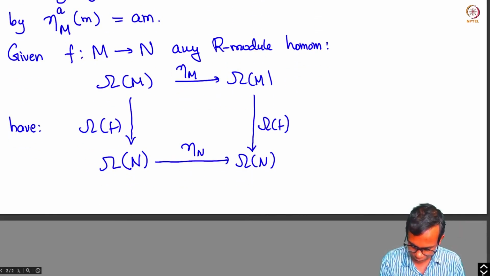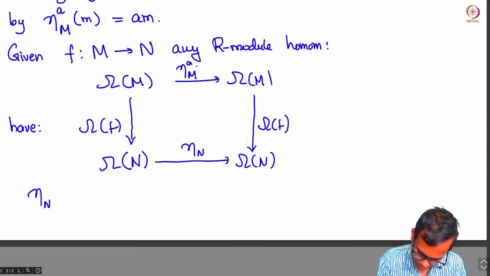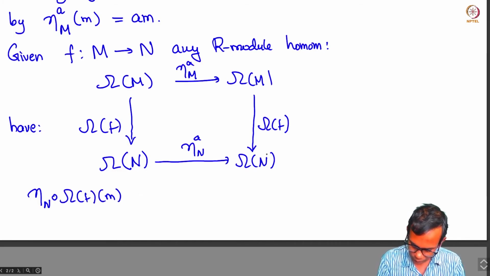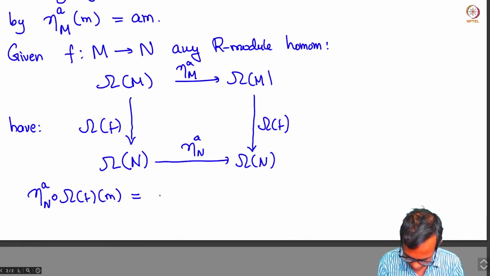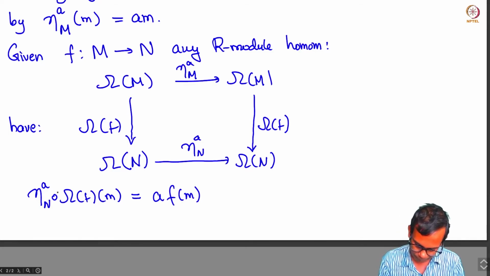We want to know if eta N superscript a circle omega f of m is equal to omega f circle eta M superscript a of m. So let's evaluate this. This is a of f of m, by definition, because omega f is just f as a function, and then eta N superscript a just multiplies it by a.